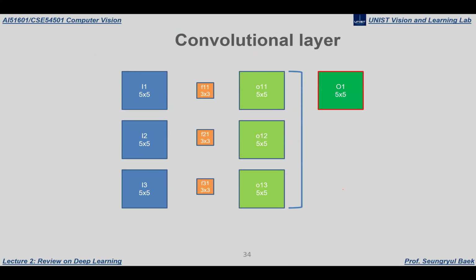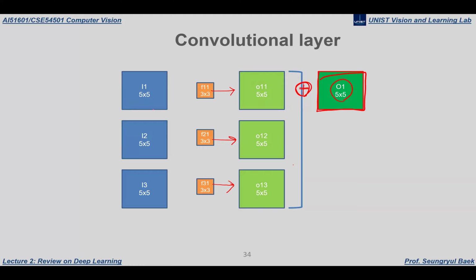And then the thing we have to do is add these 3 different channels, pixel-wise add their pixels, and then we'll get the first output channel. Are you guys understanding that?